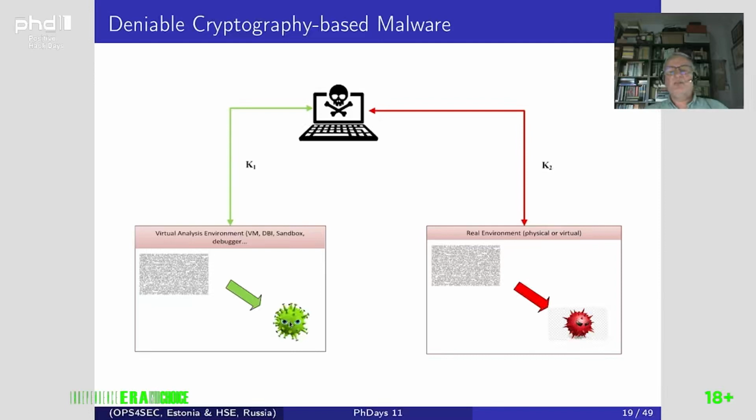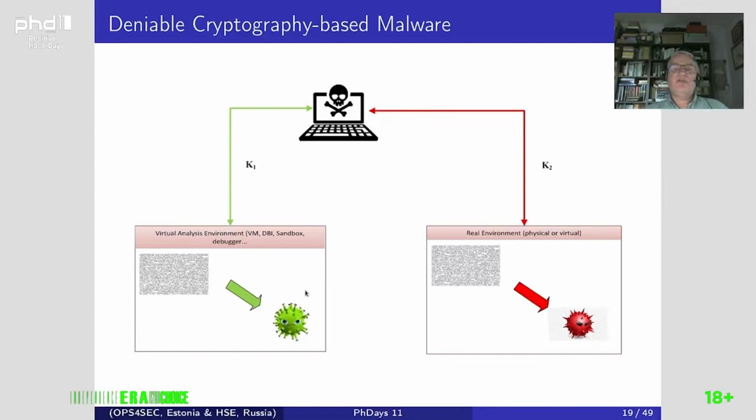The binary code is able to perform analysis, using a very complex protocol, to determine very precisely whether it is currently being analyzed, for example in a virtual machine, DBI, sandbox, and so on, or whether it is in a real environment, be it physical or virtual. The malware is communicating with a command and control server or with the attacker.